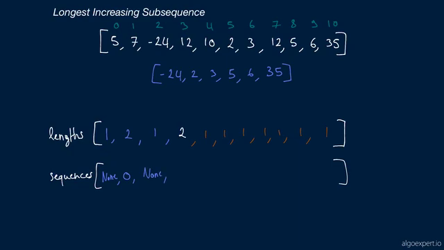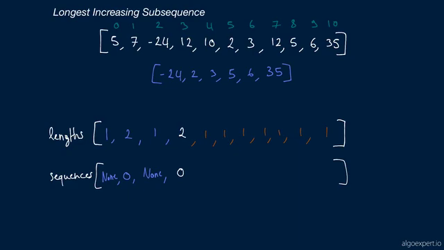Here we could have tentatively put index 0, right? Because when we stored 2 here, we were saying we can form a longest increasing subsequence of length 2 that starts with the number 5 and ends in the number 12. So the number that comes before 12 is 5, and it's stored at index 0, so we would put tentatively 0 here.